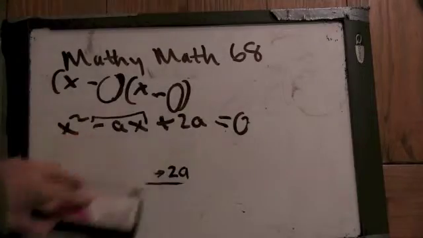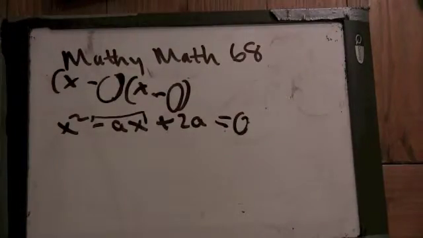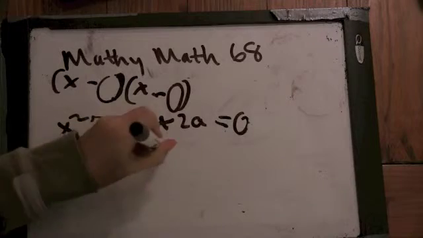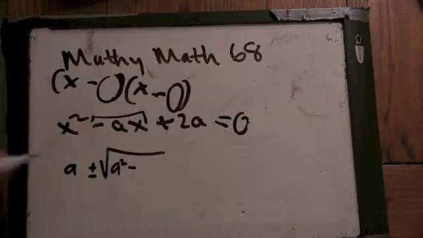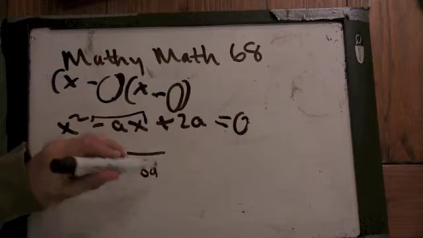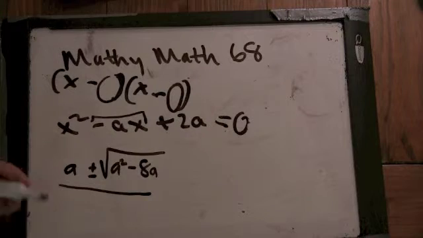What does the quadratic formula say? So it says, in this case, a plus or minus the square root of a squared minus 8a, over 2.